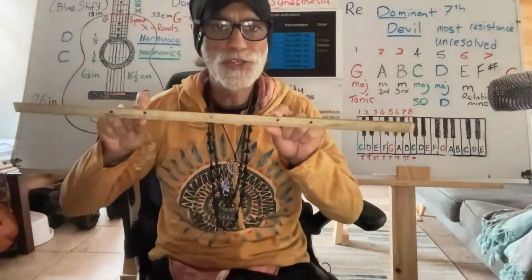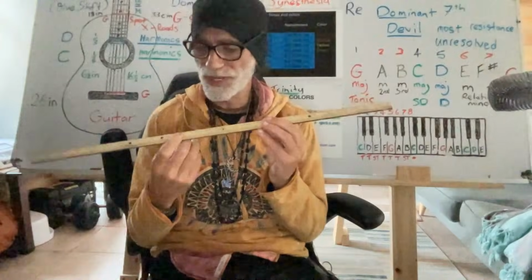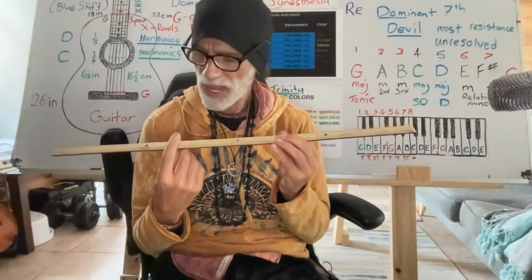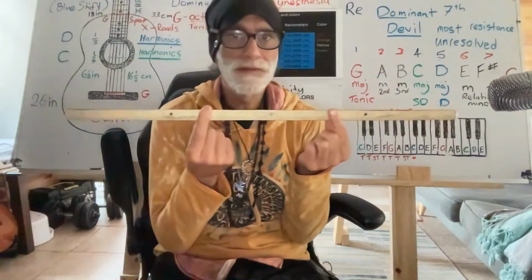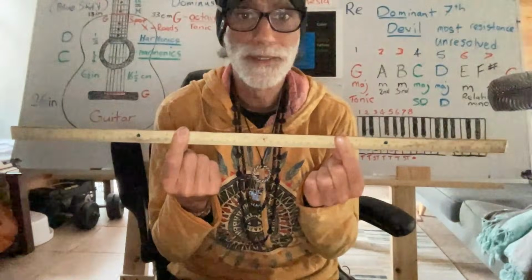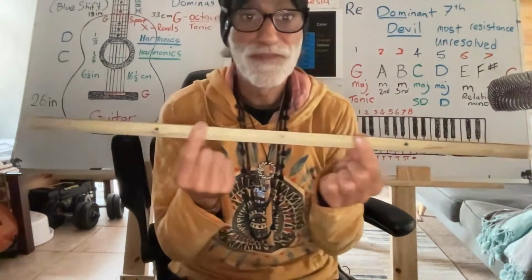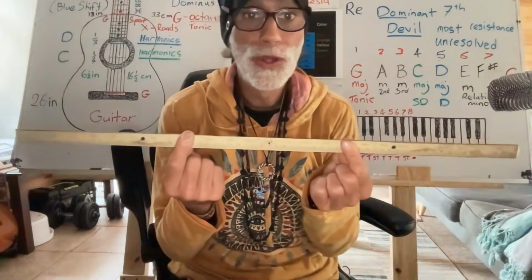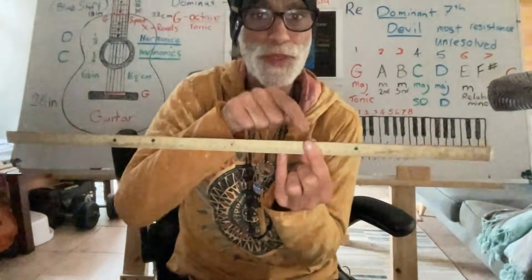And those dots, as you can see clearly, I'll cover the dots. You can see that that is now two thirds of the string. Well, that's where you're going to find the dominant. If the string is that long, then you have to go to the third of the string and you'll find the dominant chord.